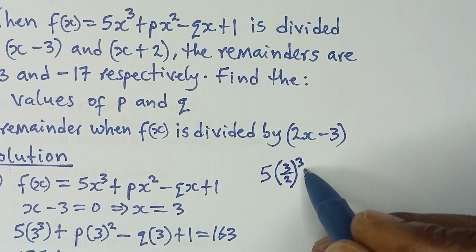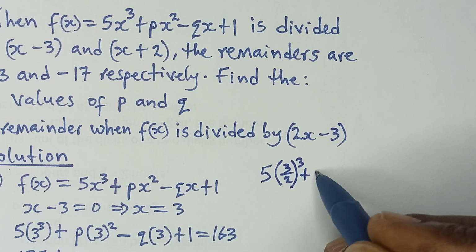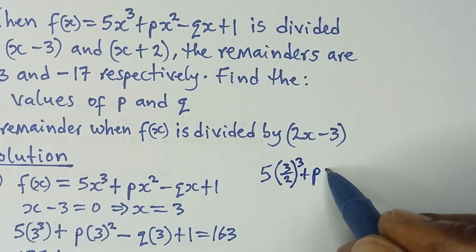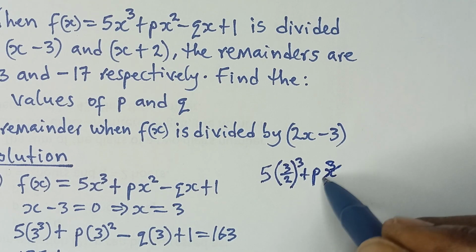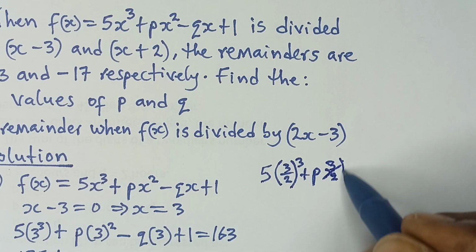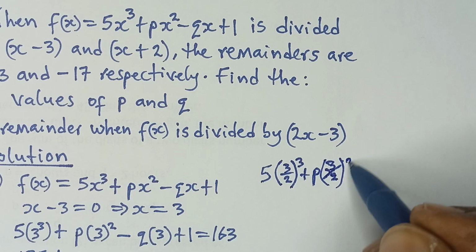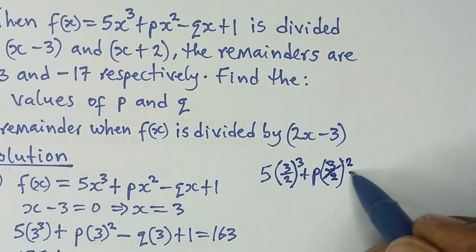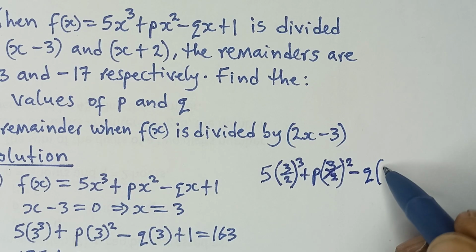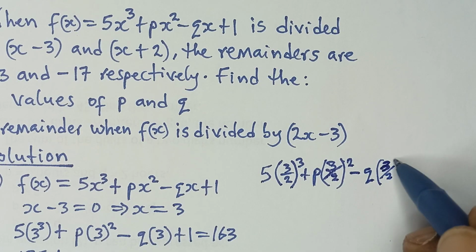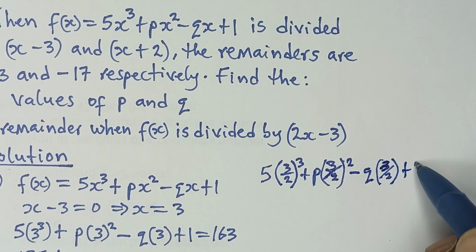And then plus p x squared. Sorry, x is 3 over 2, that is 3 over 2 squared, and then minus qx, q into 3 over 2, and then plus 1.